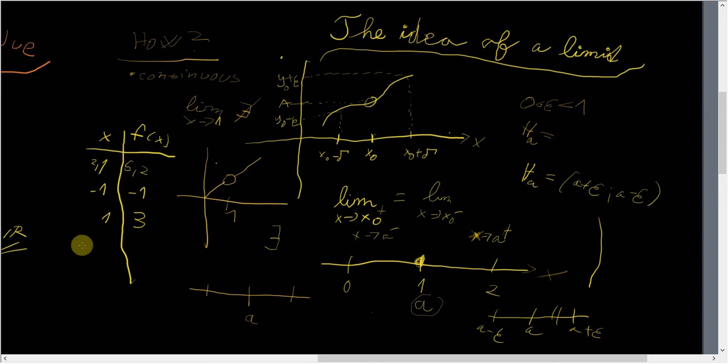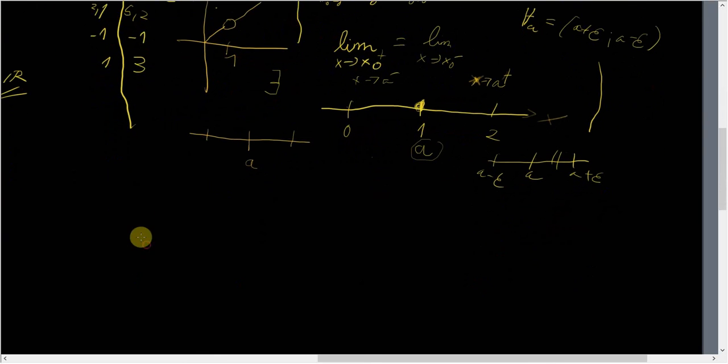Also, what you might run into is these kind of asymptotic functions, where an asymptote is a line your function cannot cross. So let's say we have this kind of peculiar function.